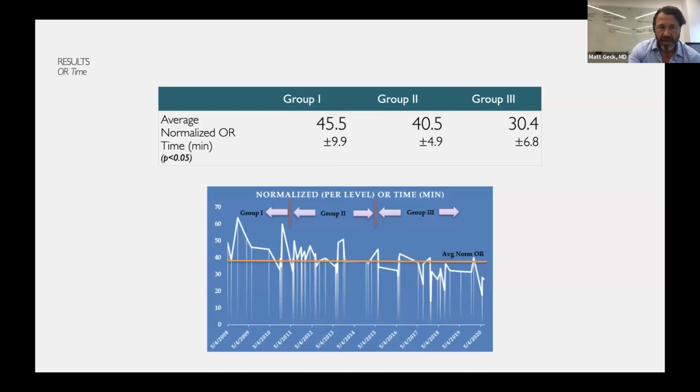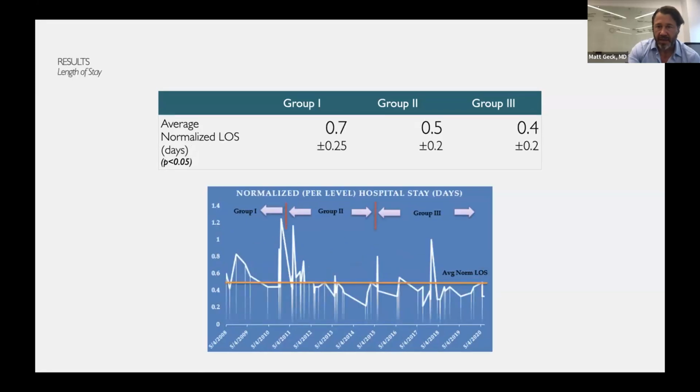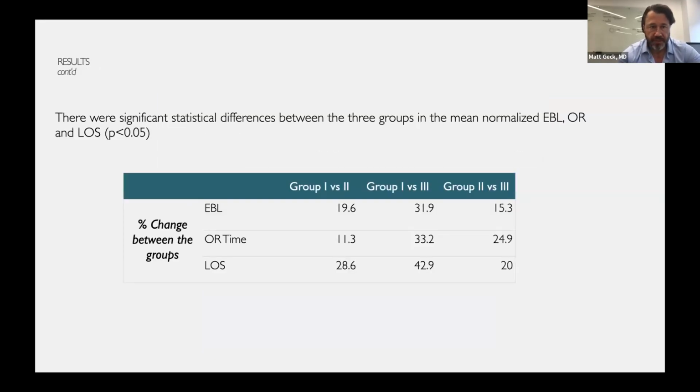OR time started going down per level through the groups, and length of stay also reduced through the groups per level. So all these differences actually ended up reaching statistical significance.